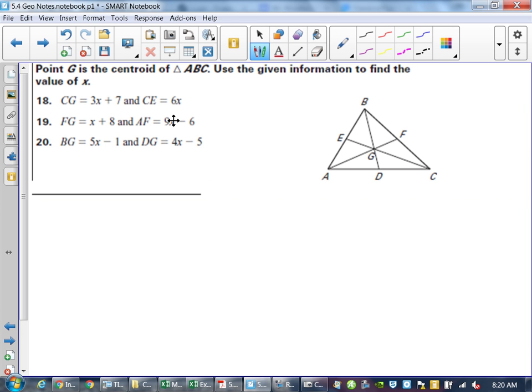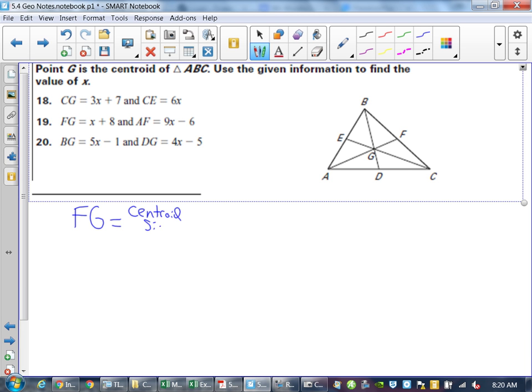FG is what segment in the triangle? So it's centroid to side. FG is the centroid to side, and AF is the whole thing. So which of these am I going to work with?